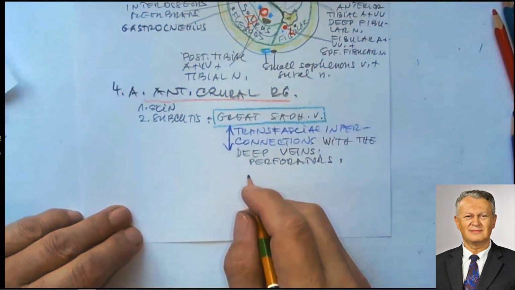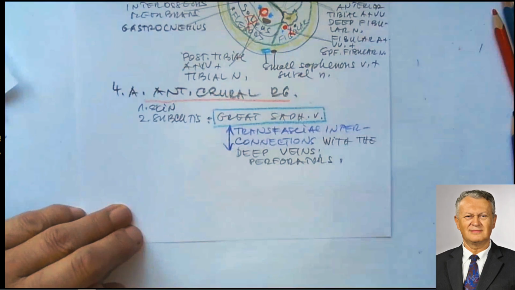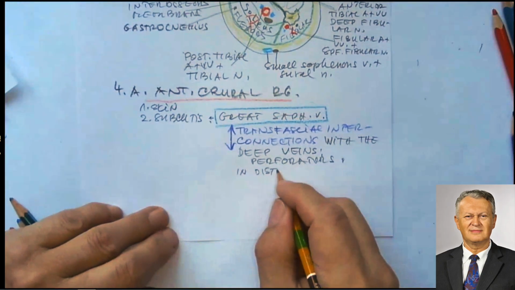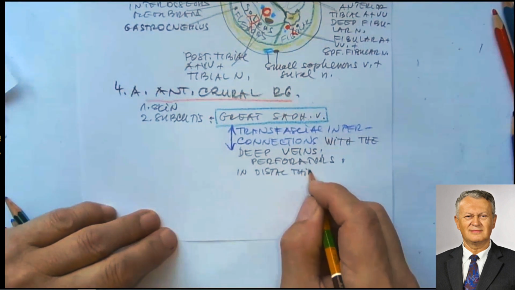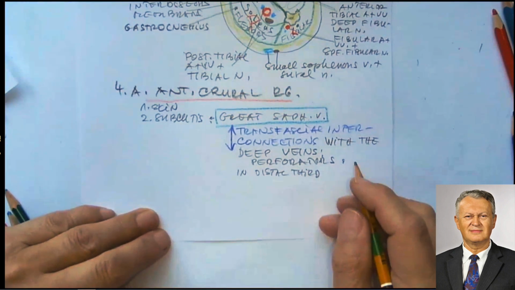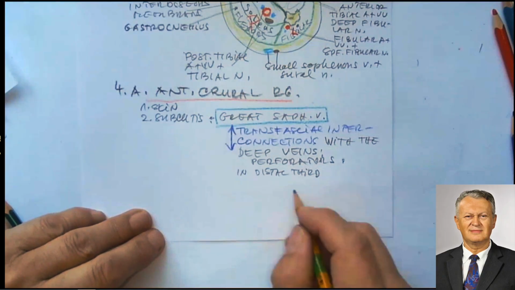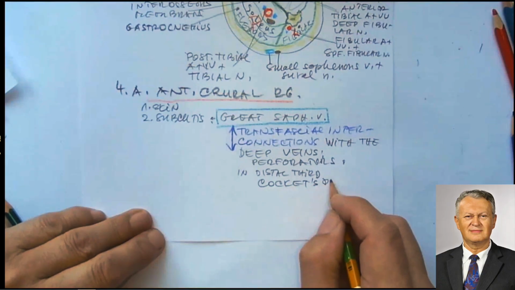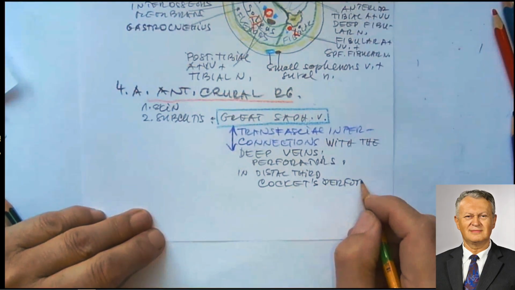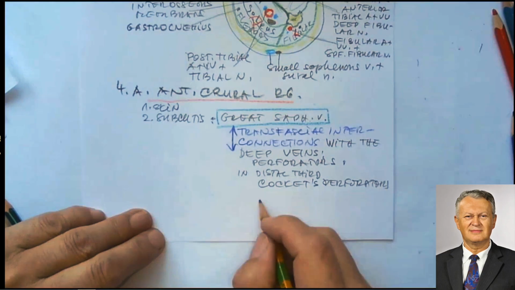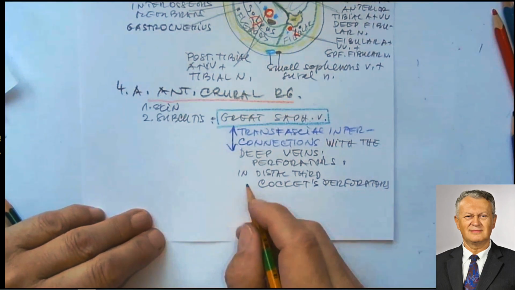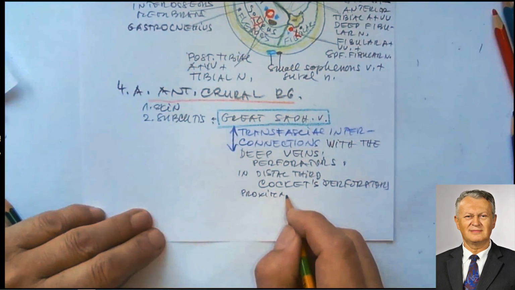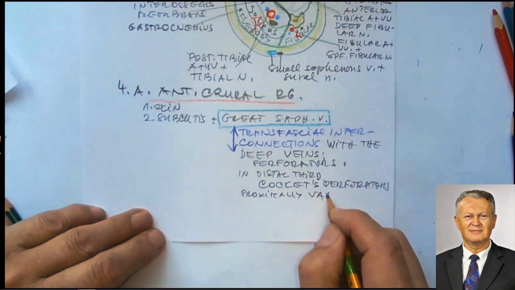In the distal third lies the group of the Cockett's perforators. Proximally they are variable.